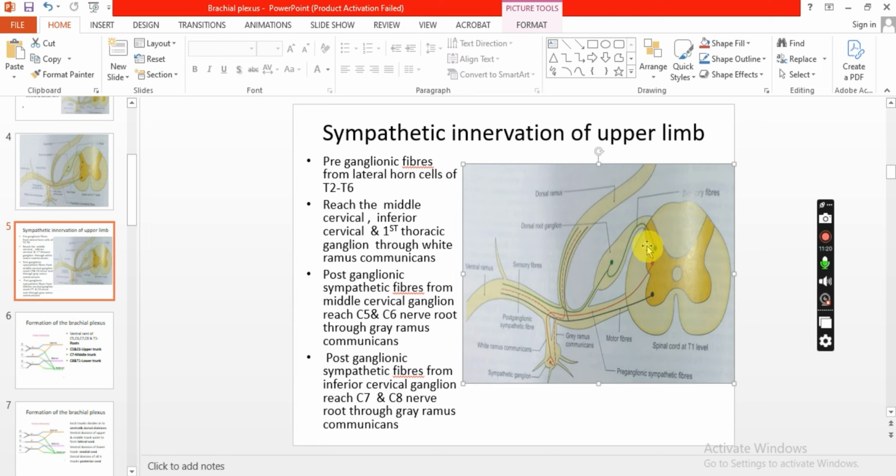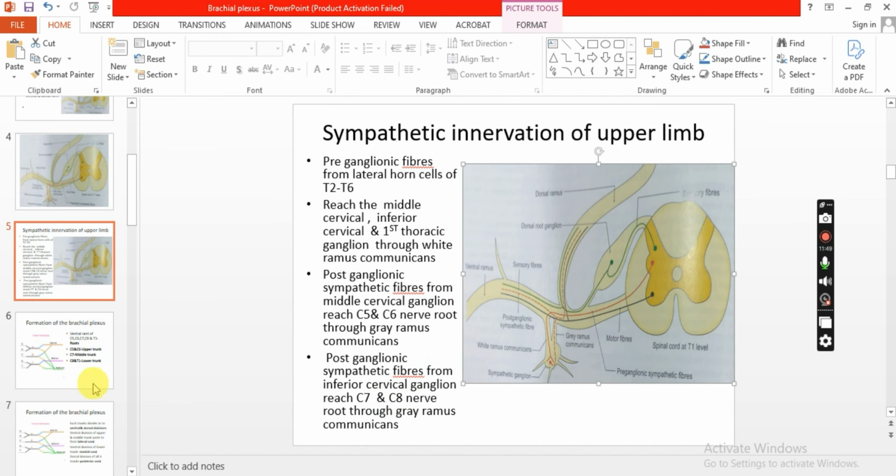The green one is coming from the pseudo-unipolar cells of the dorsal root ganglia, so they are the sensory fibers. So we can tell that this ventral ramus contains motor nerve, sympathetic fibers as well as sensory fibers. So it's a mixed nerve. So the ventral ramus makes the plexuses.